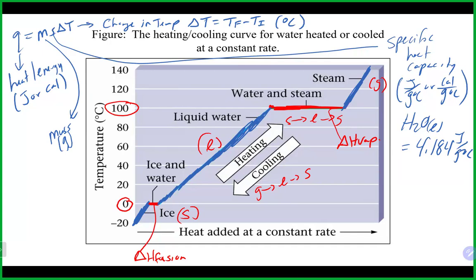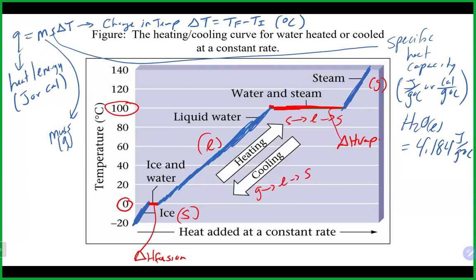The reason, again, it's important to do final minus initial in terms of the temperature is that the mass is going to be a positive number, the specific heat capacity is going to be a positive number. So it really is the change in temperature which is the only thing that could give you a negative value if you were supposed to have a negative value. So again, you just don't want to take the difference. You want to make sure that you always do that.